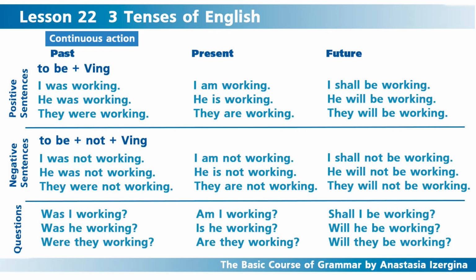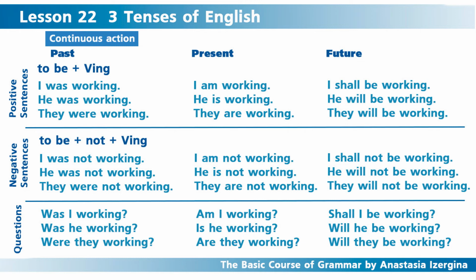So, examples of sentences in past continuous action are going to be I was working, he was working, they were working. In present, I am working, he is working, they are working. And in future, I shall be working, he will be working, they will be working.